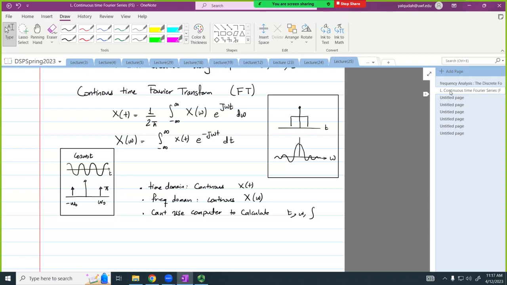Now somebody might be confused. Anybody confused on something we just did that contradicted what we just said? How is the Fourier transform of that cosine continuous?